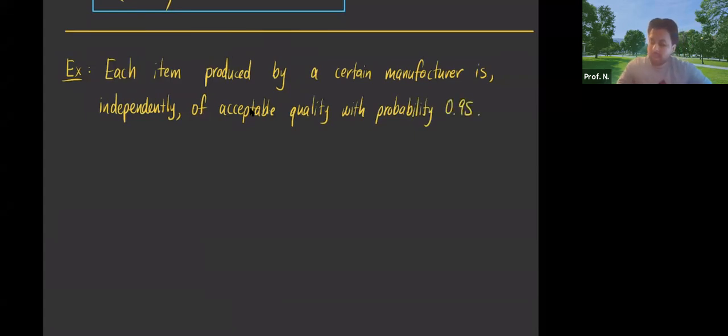So our success of being acceptable quality is 0.95. So this will be our p, and this will be considered success, right?